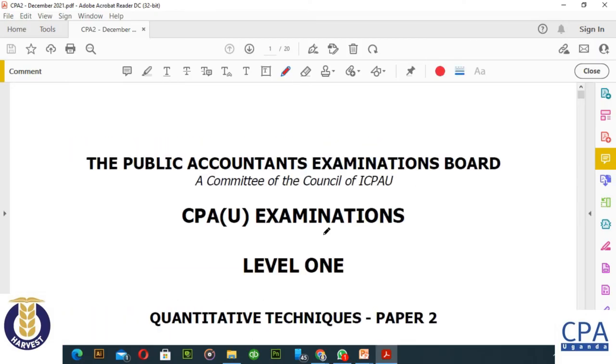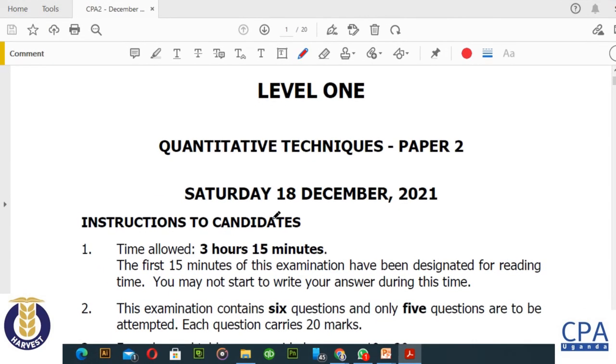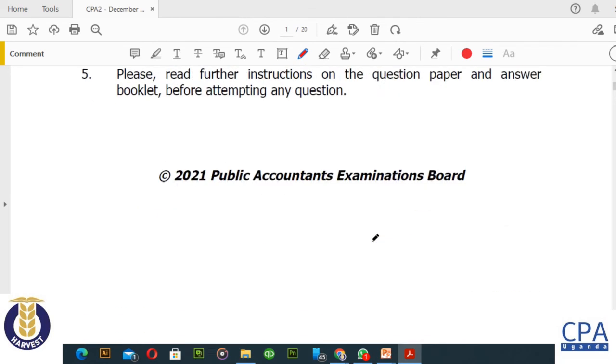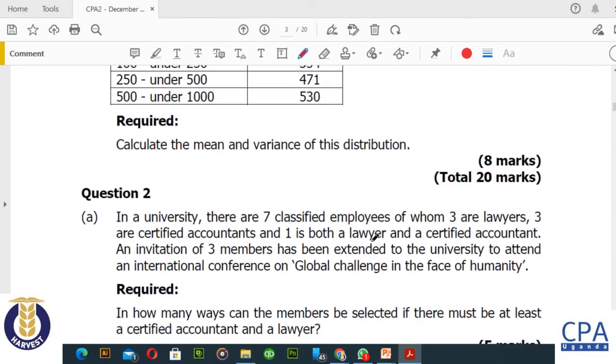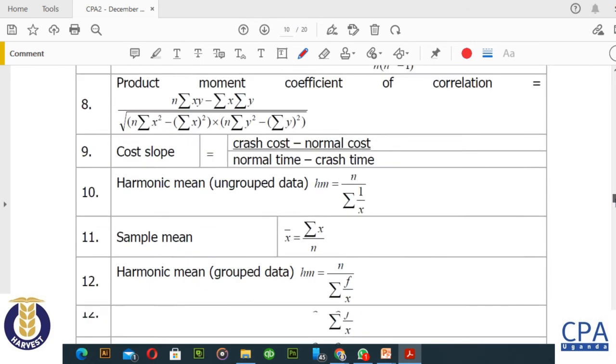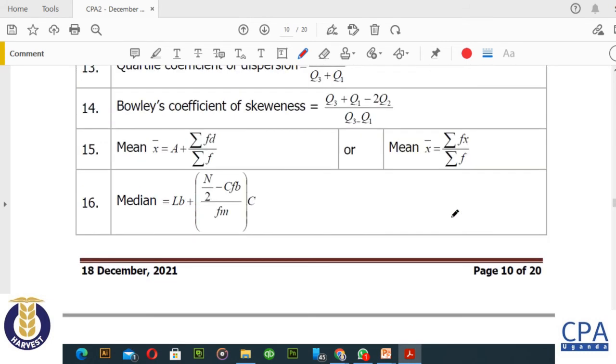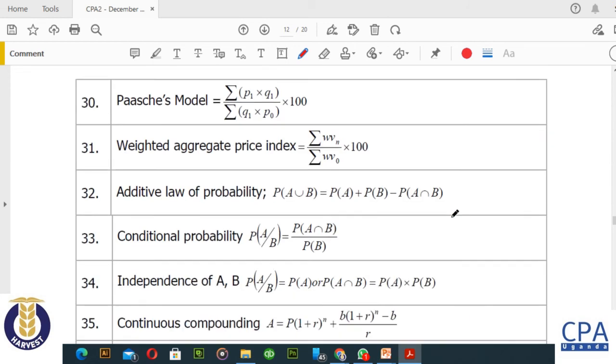Okay, so this is one of the past papers that of course represents the standard examination, December 2021. And I've talked about the tables, you're going to find the tables at the end of the question paper. This is the list of the formulas you're going to be given.